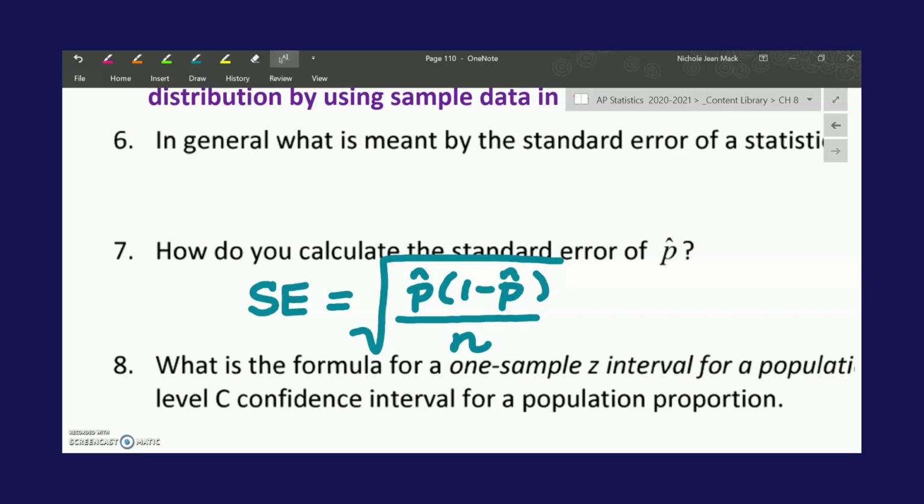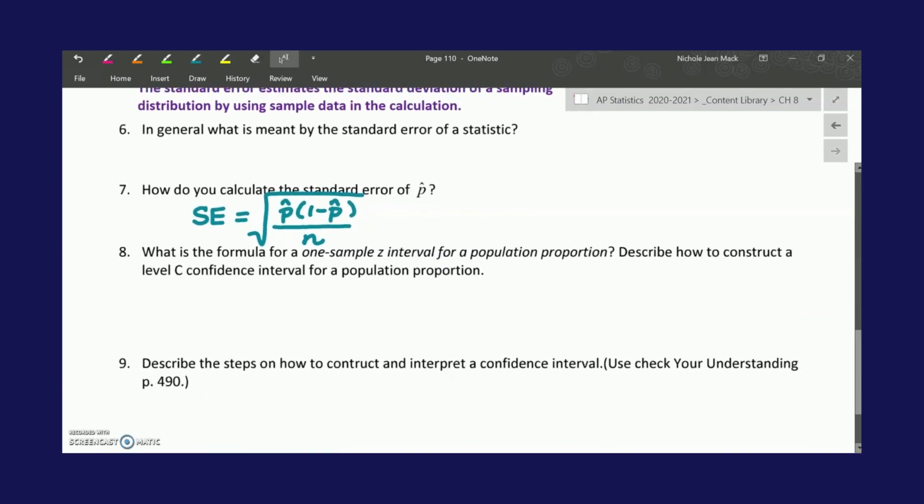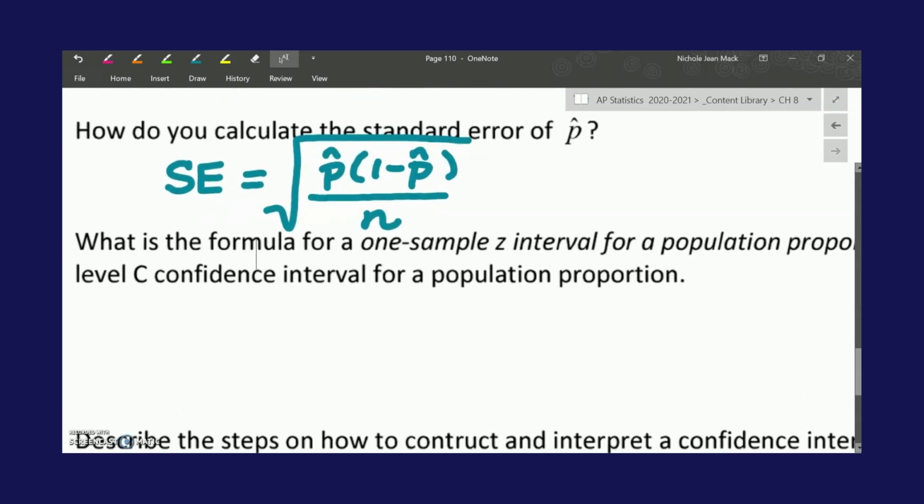And then I was trying to fast forward to number 8. What's the formula for the actual interval? Oh my gosh. So going back, I think it was on skinny page 106 maybe. I said back in the day, in my last tutorial, that it was the statistic.